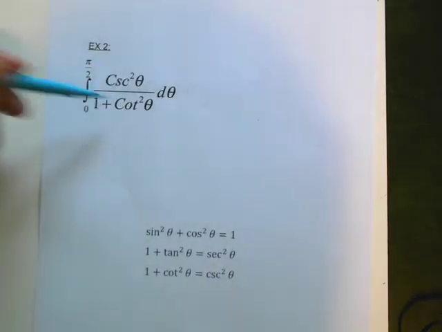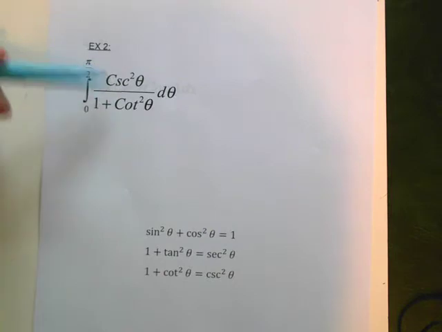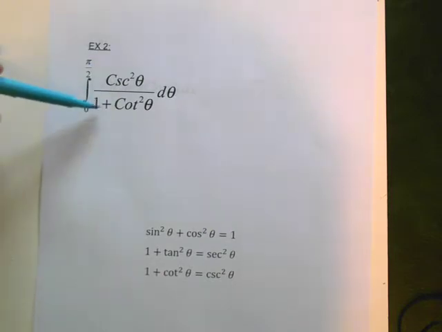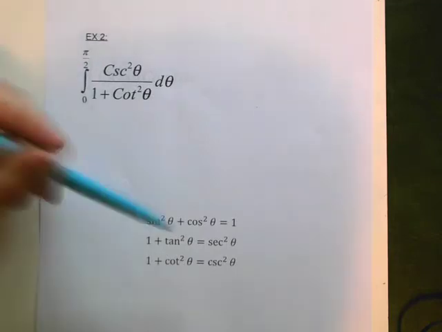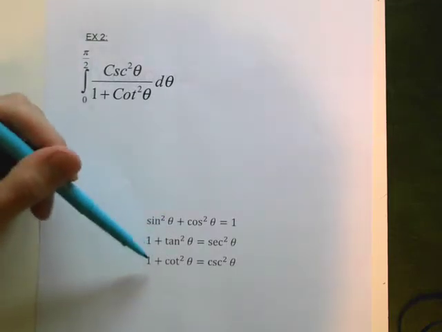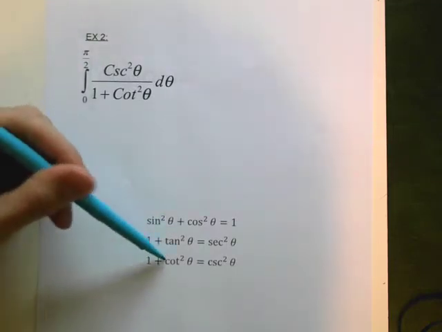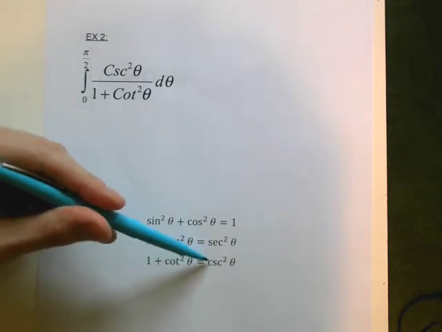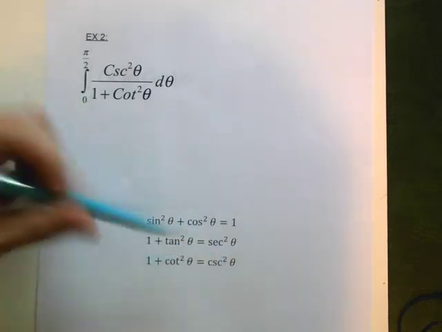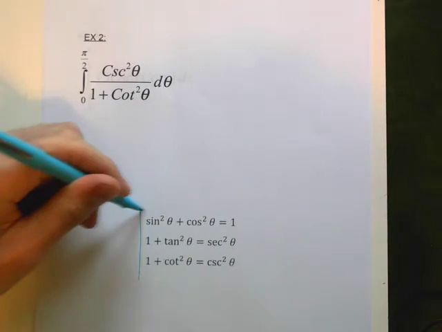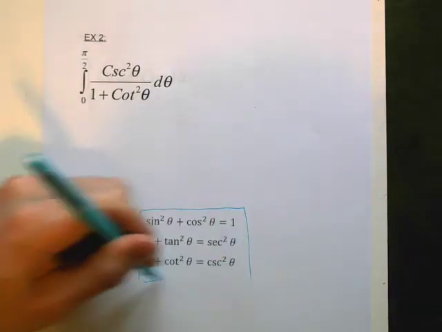So what I'm going to do, if I can't use my integrals right away, is look at, for example, 1 plus cotangent squared. That can be converted using your Pythagorean identities. 1 plus cotangent squared is equal to cosecant squared. Okay, so again, these are going to be your friend on a couple of these problems today.